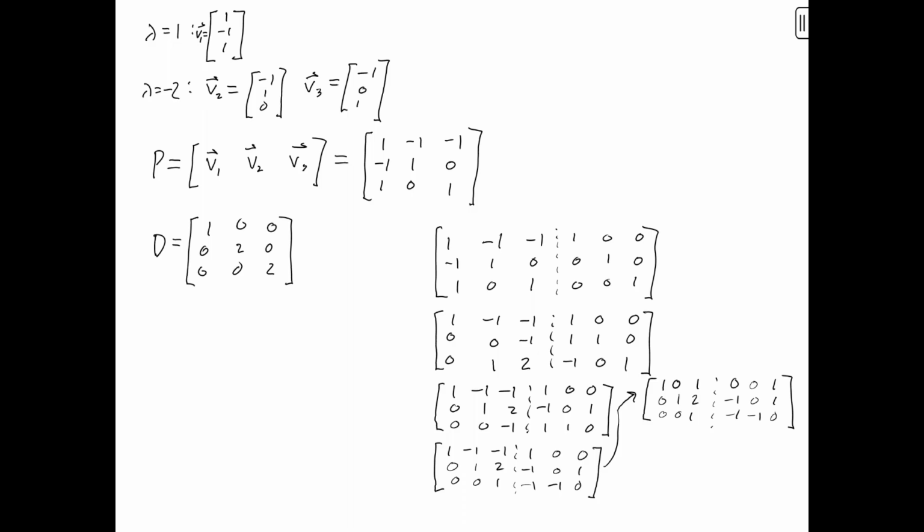And then adding -1 times the third row to the first is going to give me 1, 0, 0, 1, 1, 1. Adding -2 times the third row to the second gives me 0, 1, 0, 1, 2, 1; 0, 0, 1, -1, -1, 0.